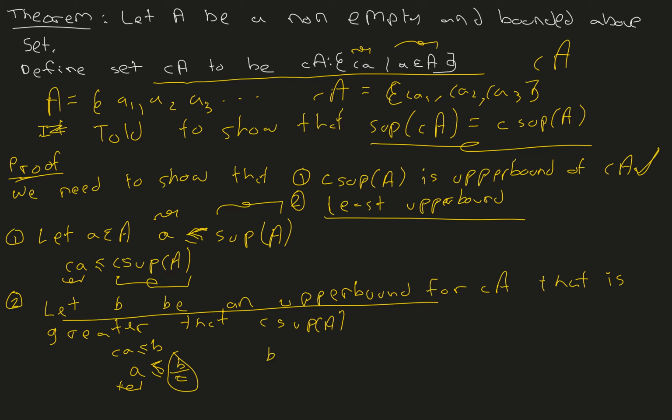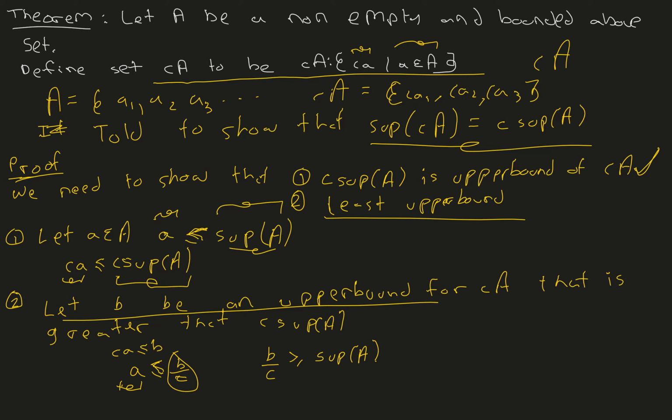Since B over C is an upper bound for the set A, we get that B over C is greater than or equal to the supremum of A, because we have assumed that the supremum of A exists, and since it's a supremum, it is the least upper bound. We have assumed it for A, and now we have to prove it for the set CA.